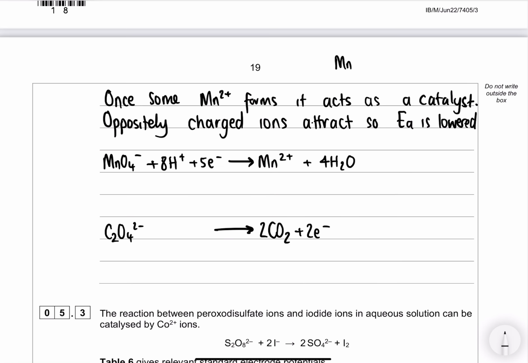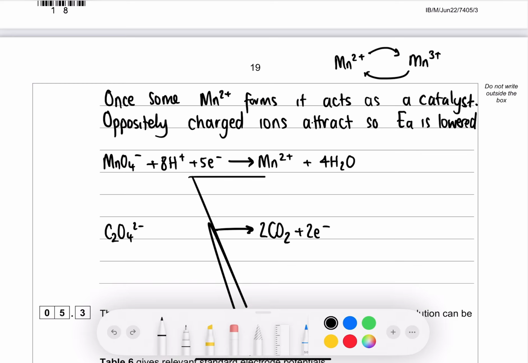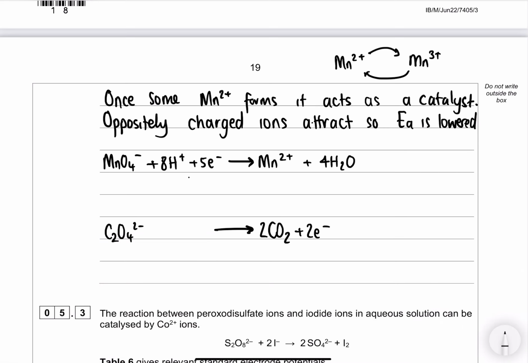Now our catalyst is Mn2+, and it's going to catalyse the reaction because it can convert itself to Mn3+, and then Mn3+ can go back to Mn2+. Now for Mn2+ to go to Mn3+, it would have to undergo oxidation, and so I'm going to be able to combine it with the reduction half equation.